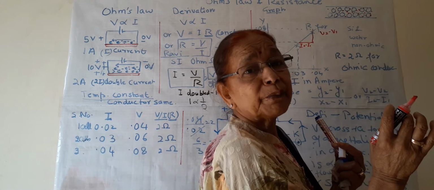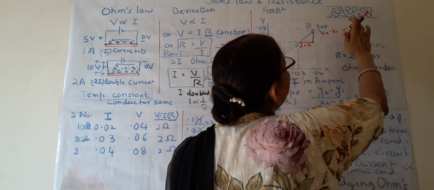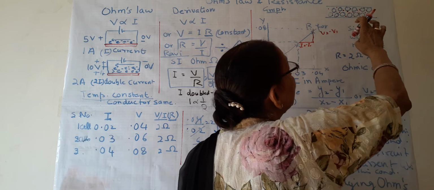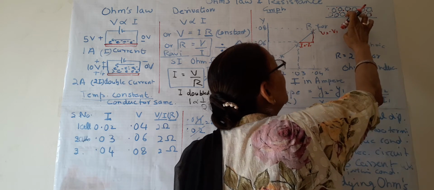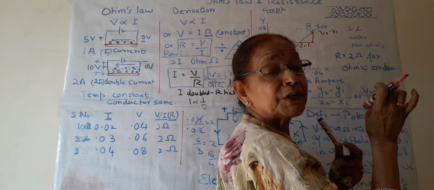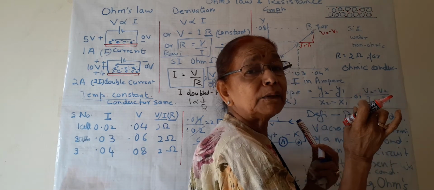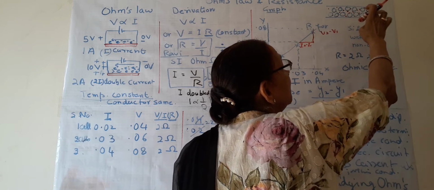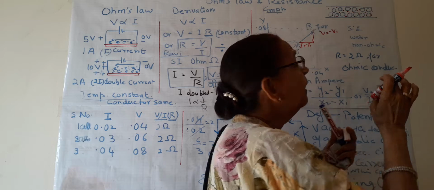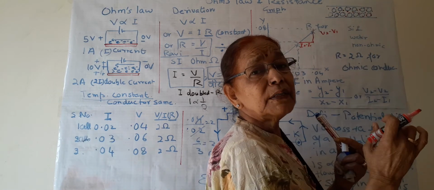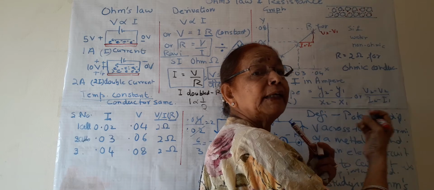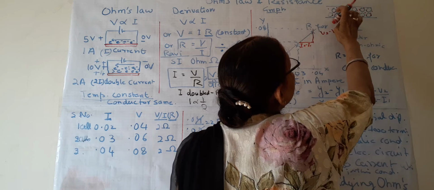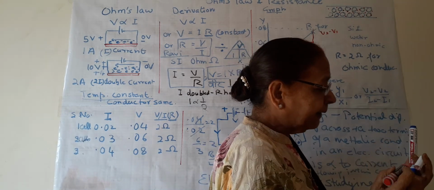When this current is formed, these electrons experience resistance by the atoms present inside the metallic conductor. The atoms or the other electrons collide with them and hinder their movement. So the current feels resistance by these atoms of the metal.